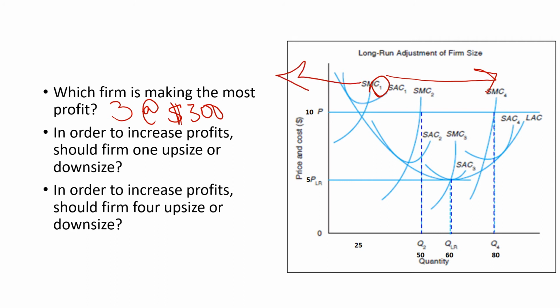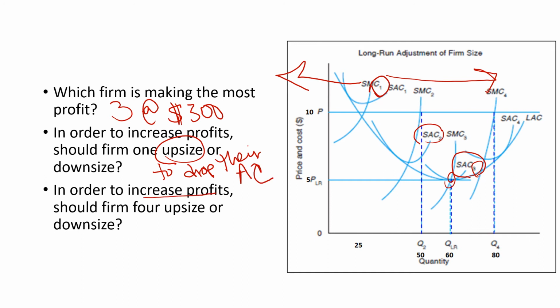Well, if they make more, you see their average costs are going to drop. So they need to upsize and get closer to the production that firm 3 is making, because their average cost will drop and they'll actually make a profit. So they need to upsize to drop their average cost.